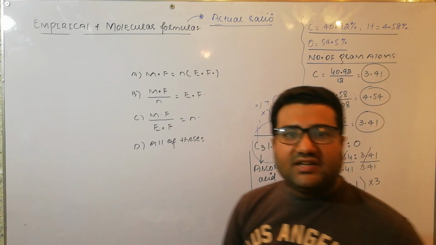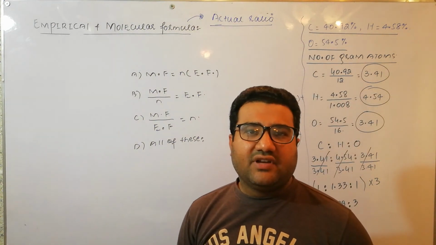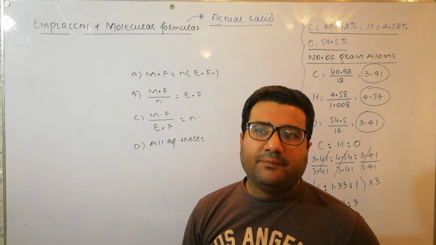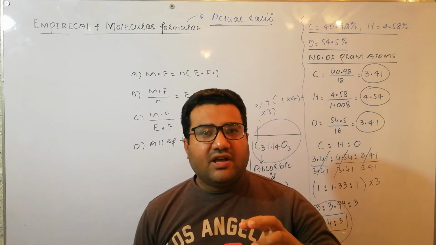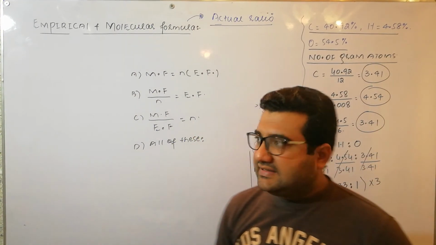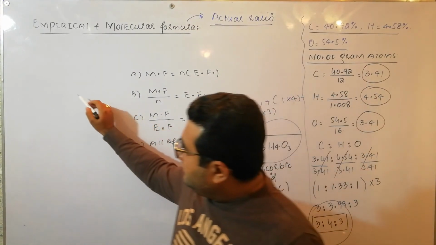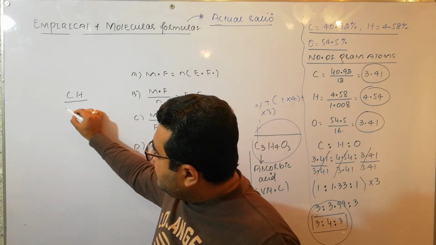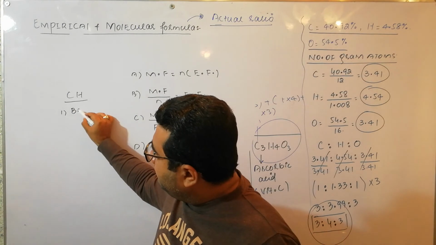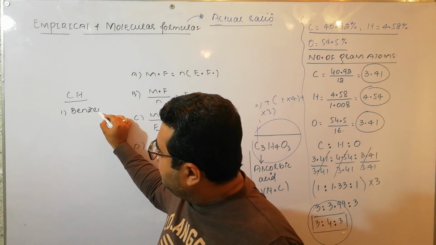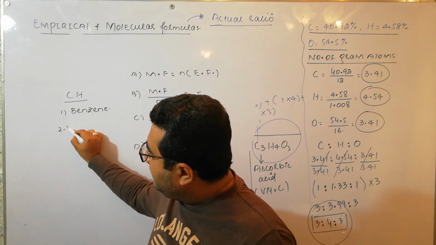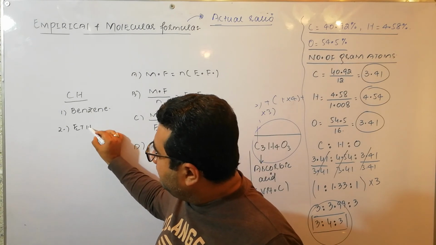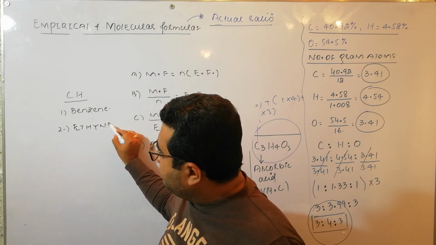Then, how many steps are there in the calculation of the empirical formula? Four steps. It is an MCQ. Then, empirical formula of which of the following compounds is the same? For example, CH. That is the empirical formula of benzene, and that is the empirical formula of ethyne as well.